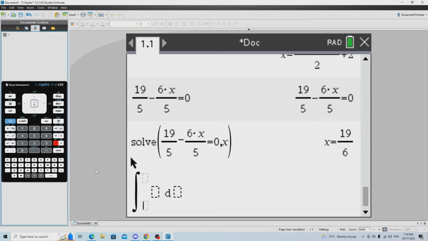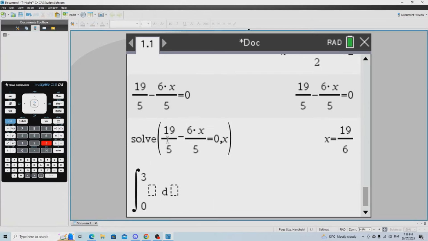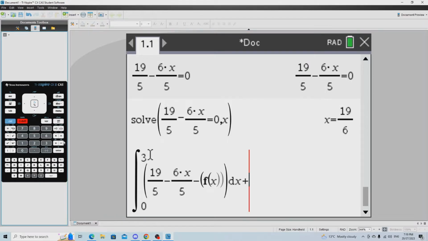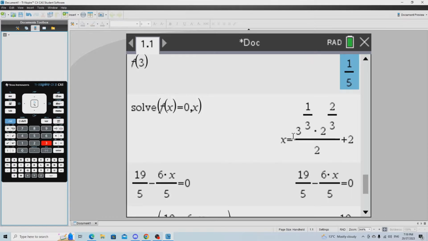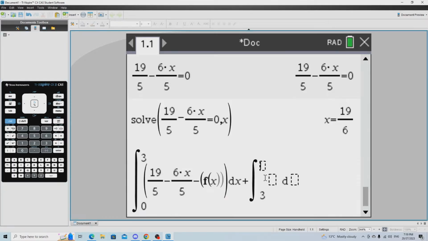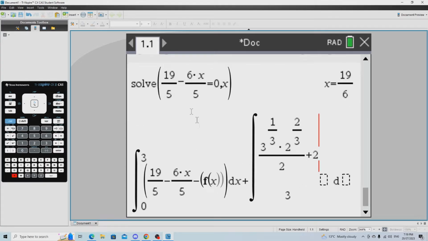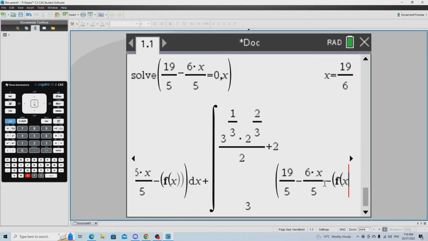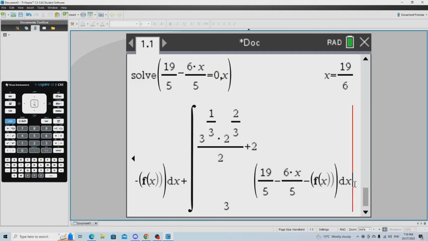So we're saying the integral from 0 to 3 of this function, so let me take this, Control C, this function minus f of x dx, plus the integral from 3 to this value over here. So if I copy this, we get this again. So we copy this minus f of x dx.